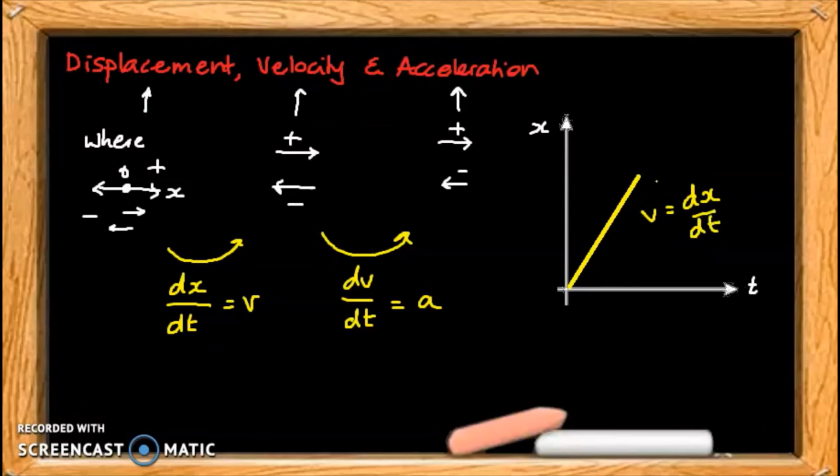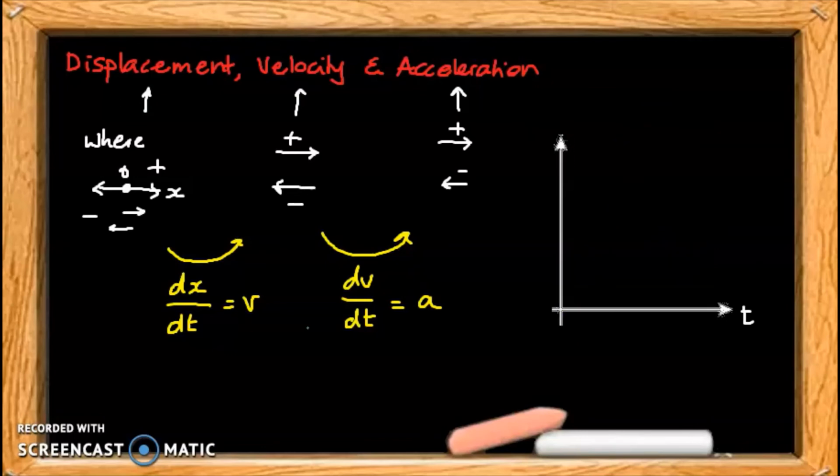I can work that out as well in a straight line case by rise over run. In the same way, if I had a graph of velocity and time, my acceleration would be the slope of that graph as well.